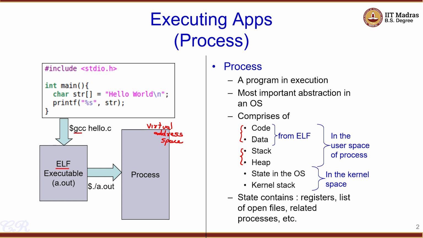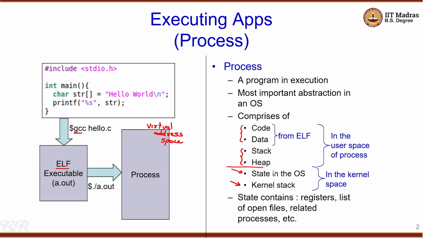In addition to the code, data, stack, and heap, the operating system also holds some information about the process. Essentially, the operating system would hold the state of the process and also have something known as the kernel stack. So notice the difference. The code, data, stack, and heap are present in the virtual address space of the process.